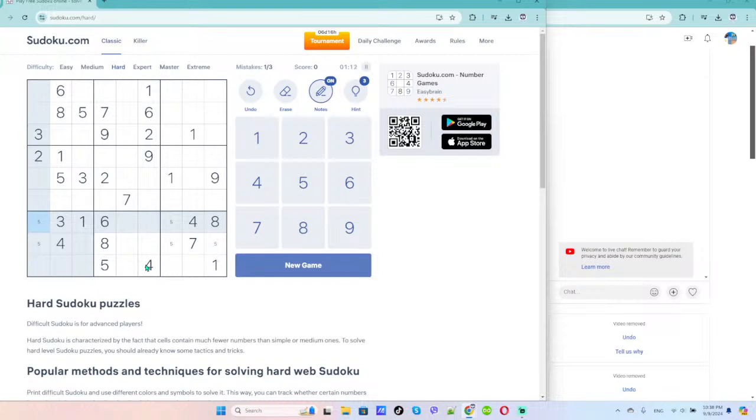Okay, due to the mistake that I made with the notation, it told me that 5 cannot be here, but it can go here, but we are not going to spoil the solution of the Sudoku. We are going to solve it normally, without any cheats.